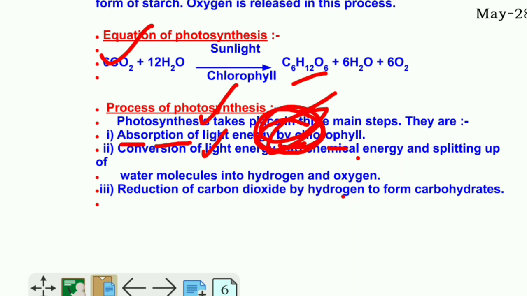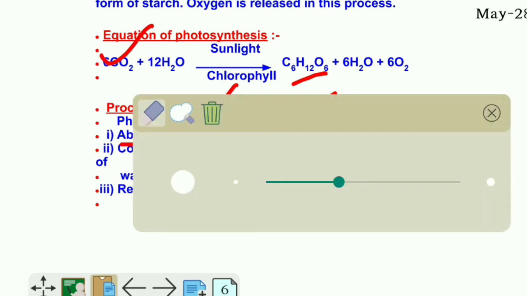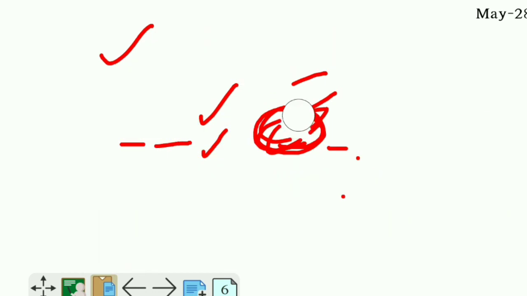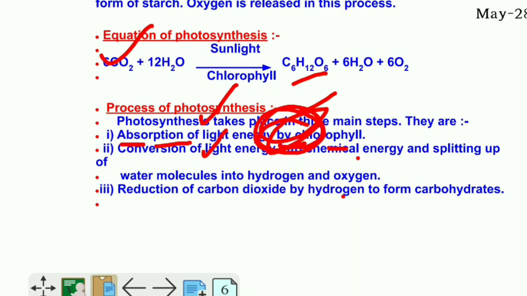As it gets converted into chemical energy, the water molecules get split into hydrogen and oxygen.